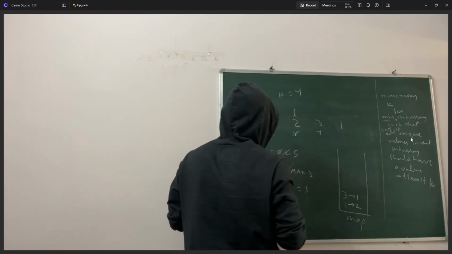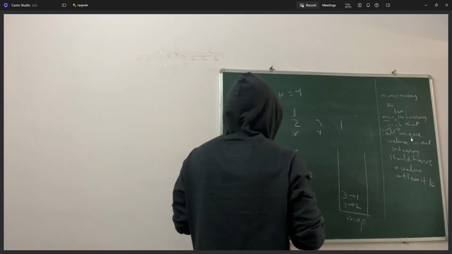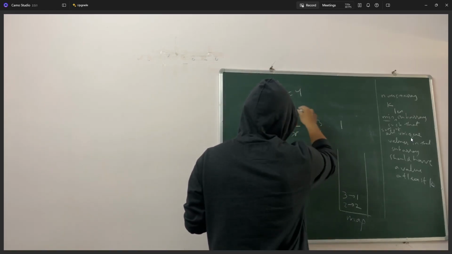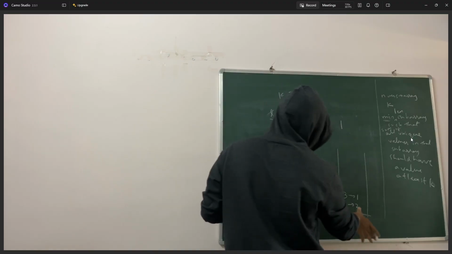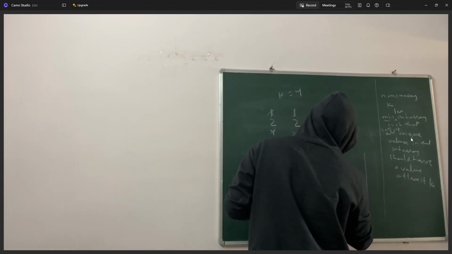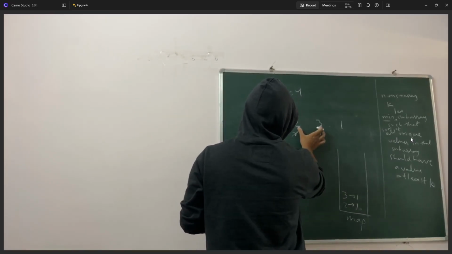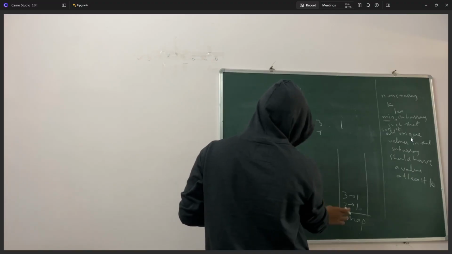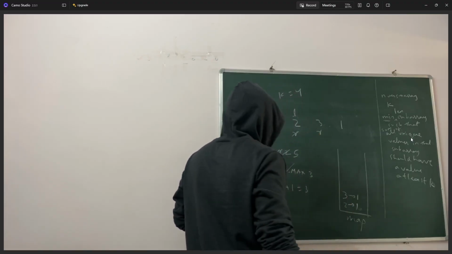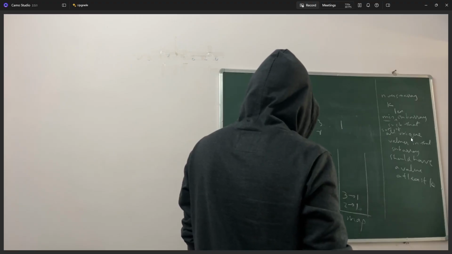If I move the left pointer ahead, first when I'm moving it ahead, I'll decrease its frequency to 1, because 1 is gone. It's like we have this as a subarray, and 2 is one time, 3 is also one time.